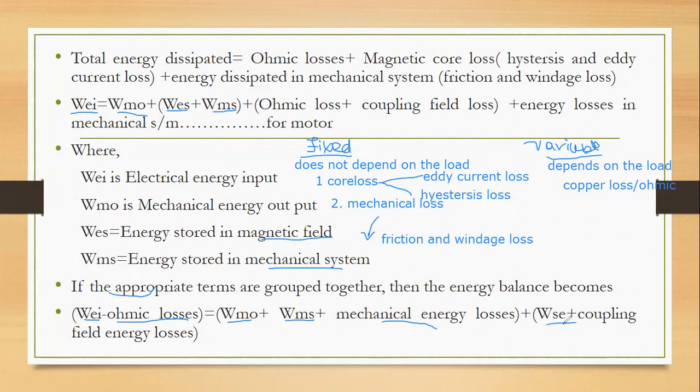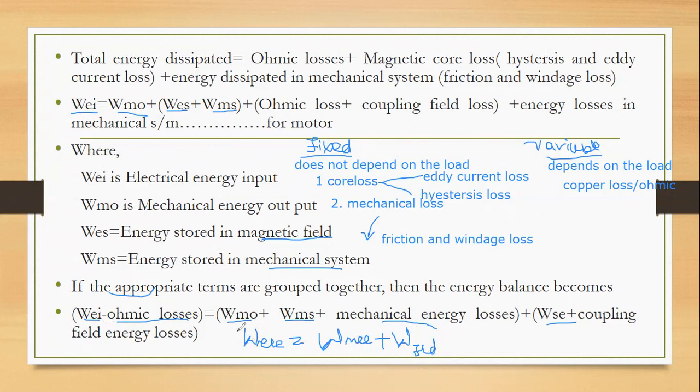And also the coupling field. So when we write this, W_elec is equal to W_mech plus W_fld, right? So this is the field energy, sorry. This one is the electrical input.